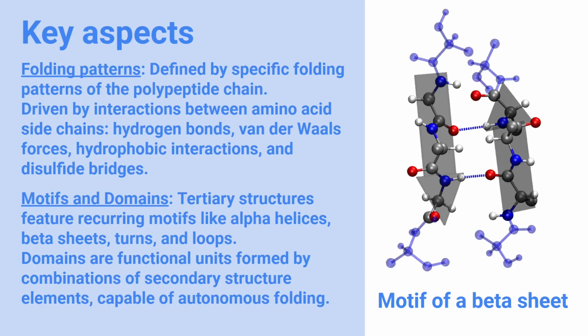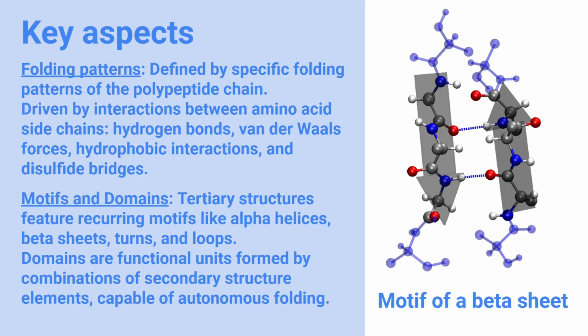These folding patterns result from interactions between amino acid side chains, including hydrogen bonding, van der Waals forces, hydrophobic interactions, and disulfide bridges. The folding process is driven by the protein's primary sequence, with certain amino acid sequences predisposing the protein to fold into particular motifs or domains.